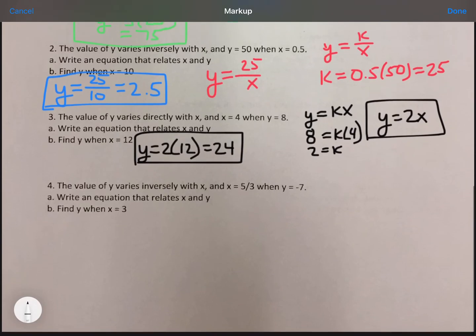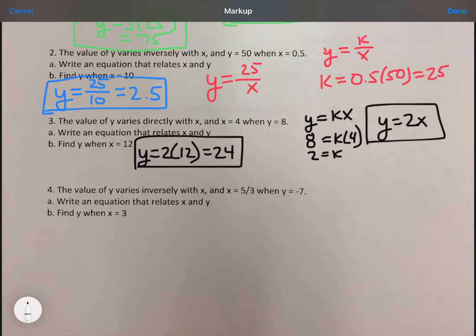And last one here, the value of y varies inversely with x. x equals 5/3 when y equals -7. So y equals k over x, and k equals x times y, 5/3 times -7, so that equals -35 over 3.